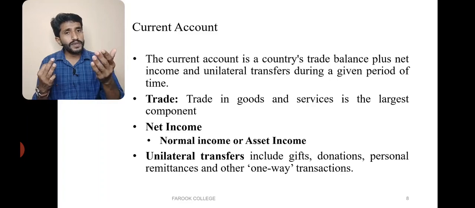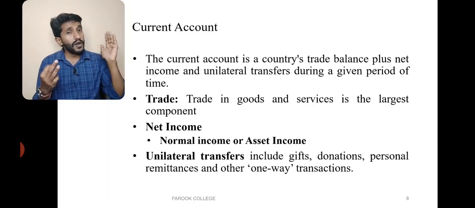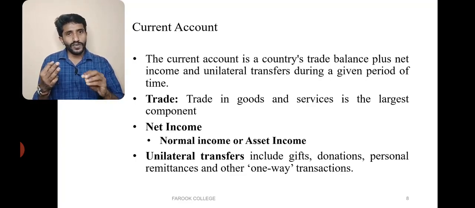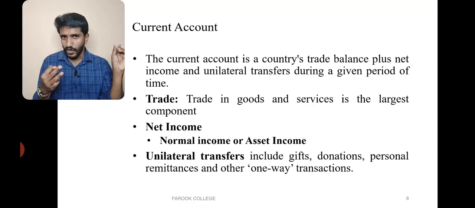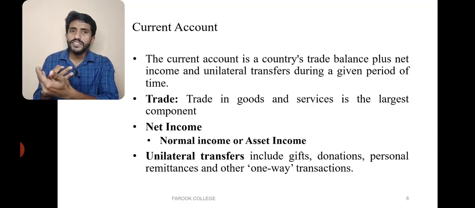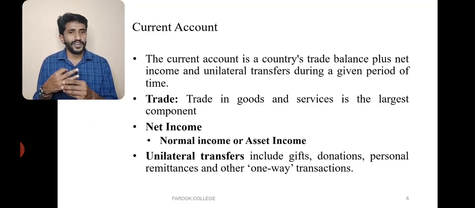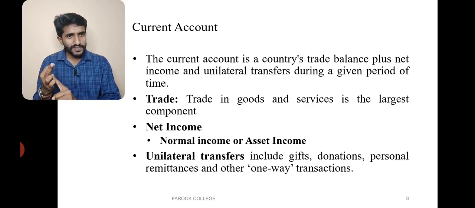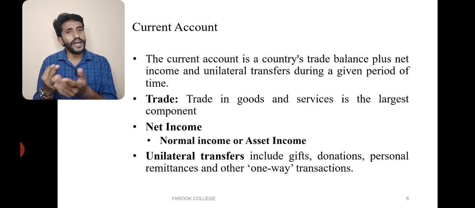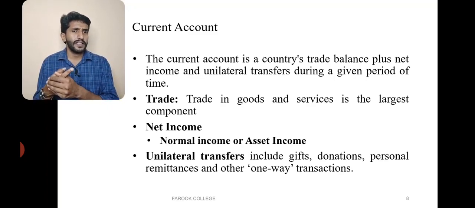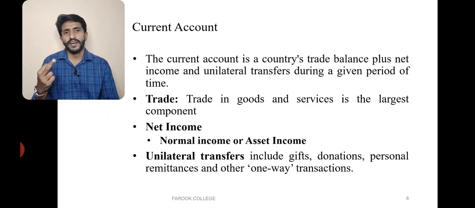The investment is included in the capital account, but the income generated from that investment is included in the current account. It can be normal income or asset income, salary or wages, or anything. All are included in the current account.